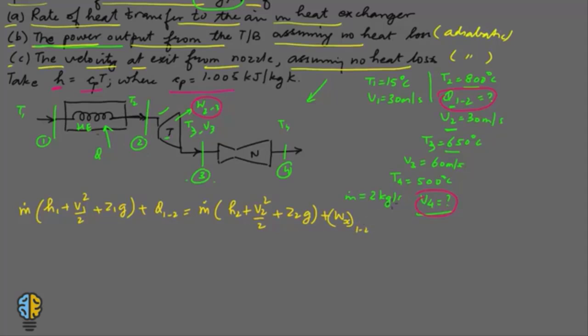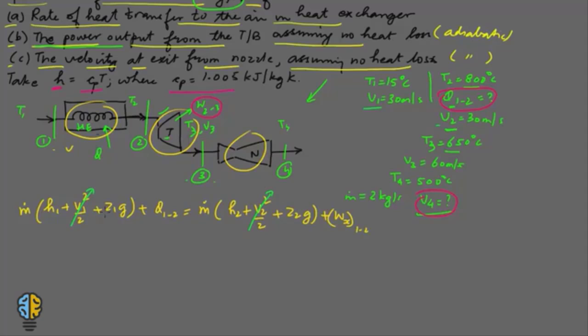Now this is the SFEE for the process 1-2, that is for the heat exchanger, and similarly you can apply this same equation for 2-3, that is for the turbine, and the same for the nozzle, that is 3-4. So let's start by analyzing the heat exchanger first. Now in a heat exchanger there is no difference in the kinetic energy, and it is also evident that V1 is equal to V2, so V1 square and V2 square will cancel off.